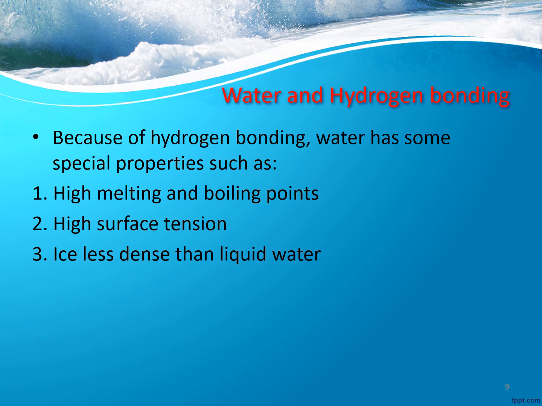And we know that when volume increases while mass is not changing, then density will do what? Density will decrease. So that is the reason why ice is less dense than liquid water. So ice will always float on the surface of water.